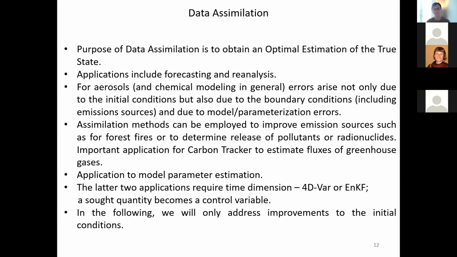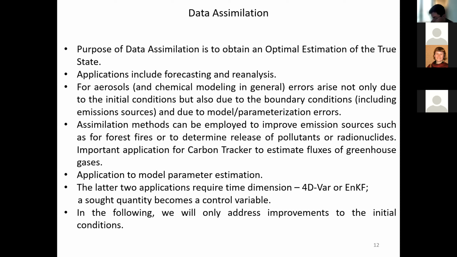Assimilation may also improve the estimation of not only the initial conditions, but model parameters such as emission sources, for example, for forest fires or for anthropogenic emissions, which determine the release of pollutants or radionuclides.